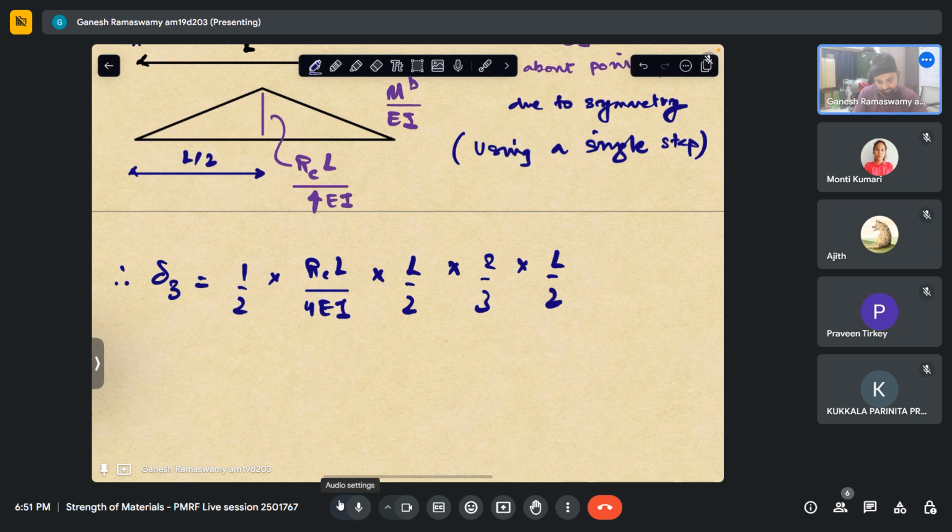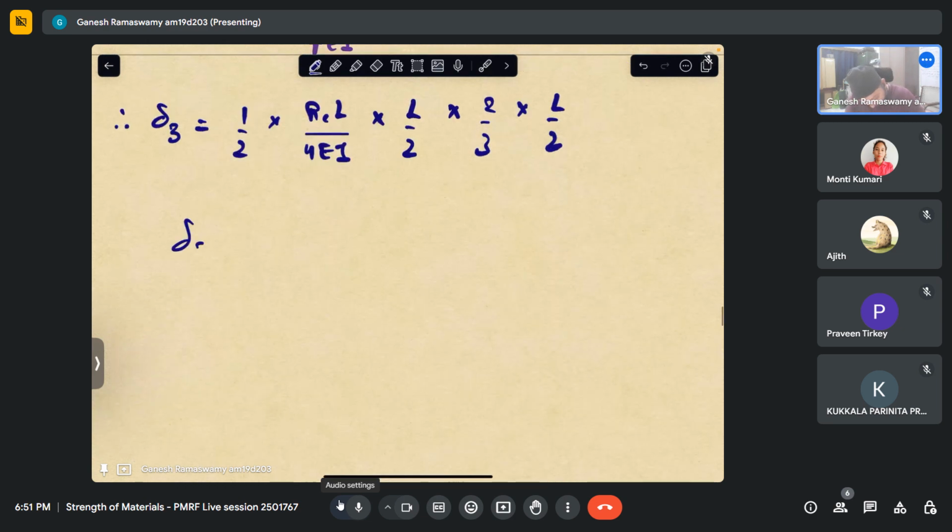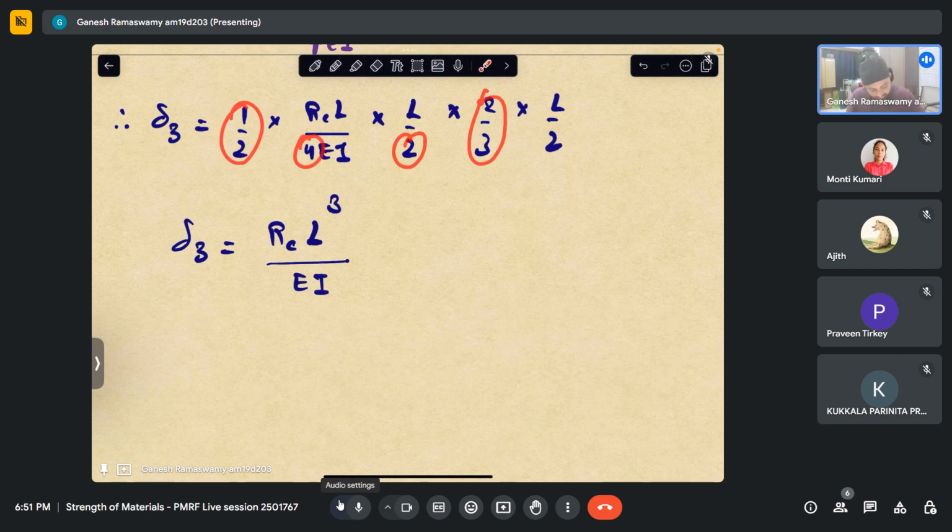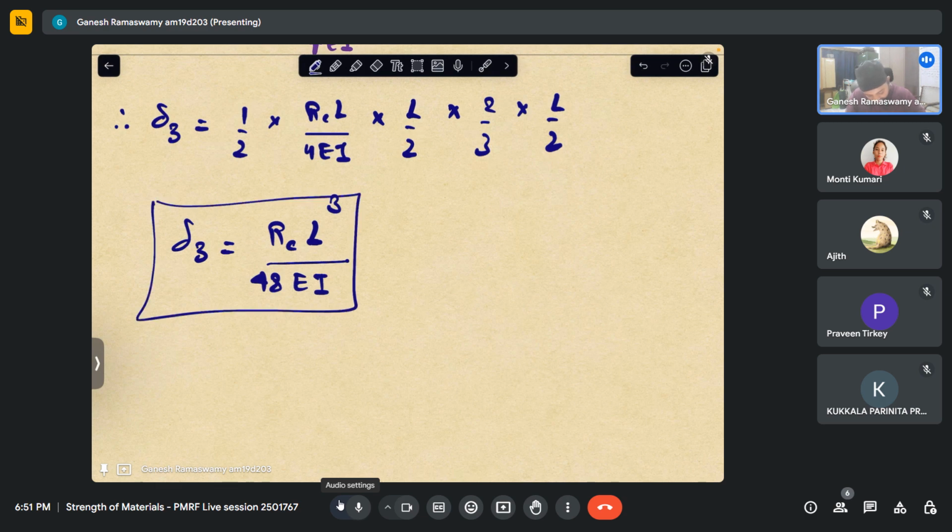So delta 3 from here comes out to be RCL cubed by EI, and from the coefficients, if I were to calculate this, this will come out to be 1 by 48, which is again one more celebrated expression that we generally remember by virtue of solving many problems.